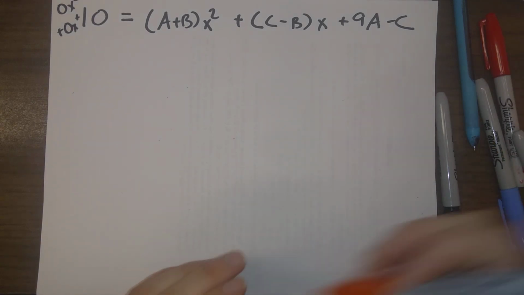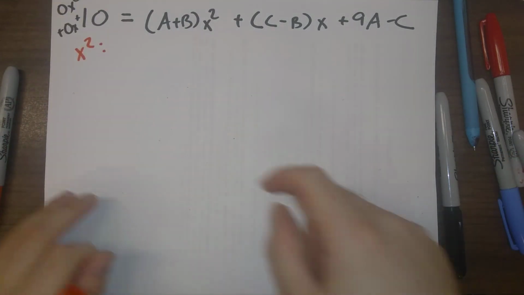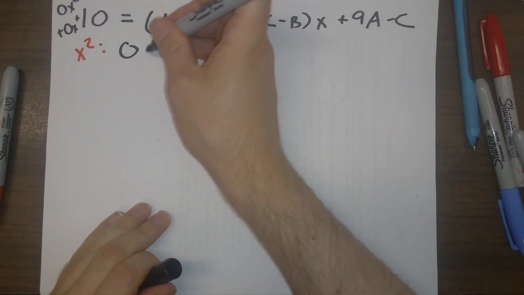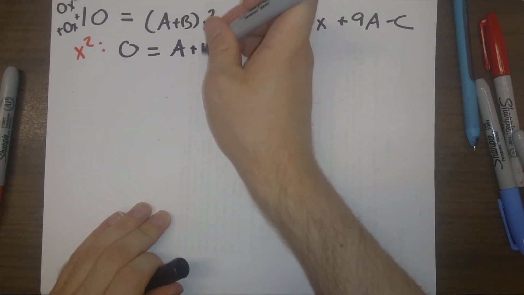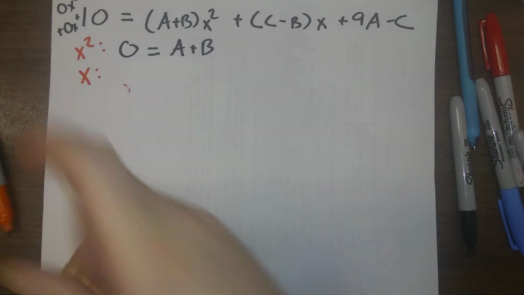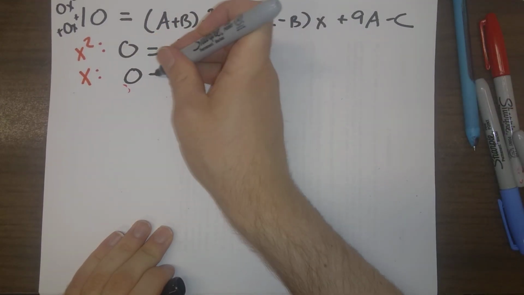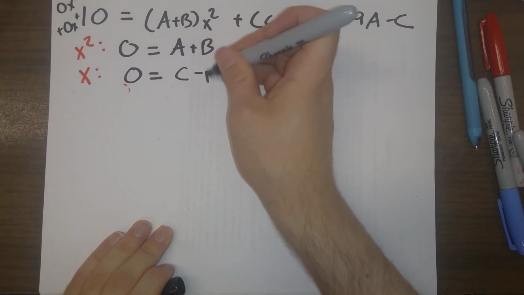For x squared, on the left that's a 0, and on the right that's a plus b. For the power x, on the left that is 0, and on the right that is c minus b.